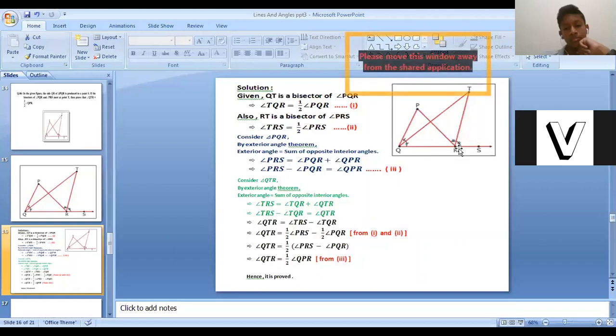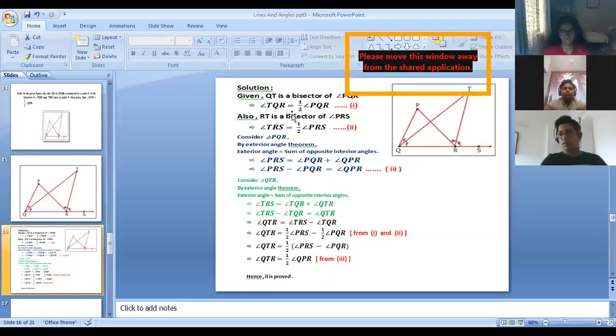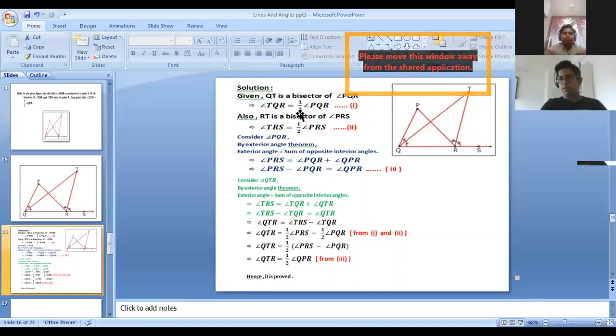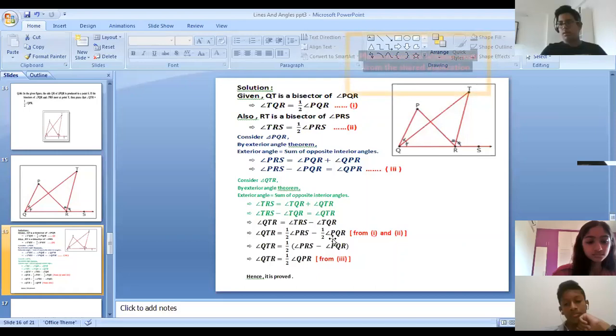Why? Because this is asked to be proved in the question. So angle QTR equals angle TRS minus angle TQR. But what is the value of angle TRS from 1? TRS is half of angle PRS. So I am going to substitute it. Similarly, angle TQR is half of PQR.